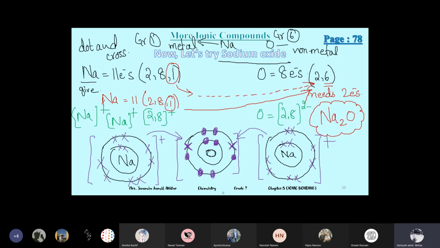And there is only one oxygen which is receiving 2 electrons. 2 minus charge, yes. That is why on oxygen there is 2 minus. These charges depend upon the electrons, not the number of atoms. How many electrons it has received or it is giving. This is the dot and cross diagram for sodium oxide.